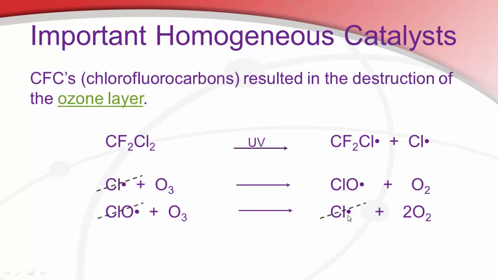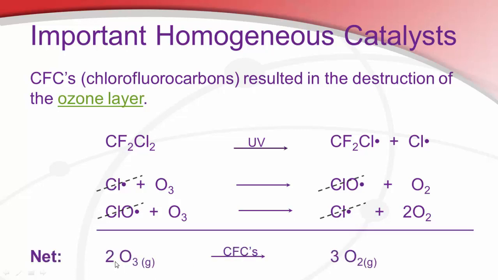Now, if we do some quick cancellation here, we can see that our free radicals all cancel out, and our net reaction is 2 ozone molecules generating 3 oxygen molecules. And because all of these free radicals cancel out, they can move on to continue generating more and more oxygen from ozone.